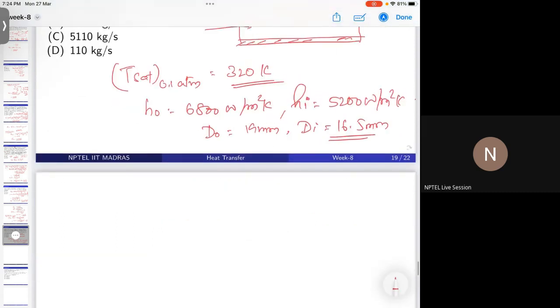Thermal conductivity also given. So what is the resistance? It is the overall resistance. I'm writing based on the outer diameter; you can write based on the inner diameter also.